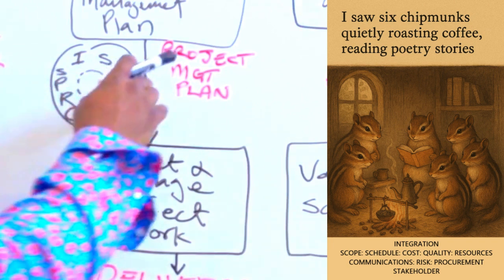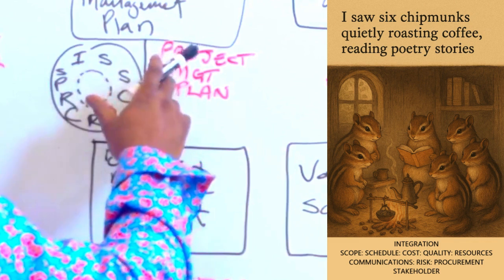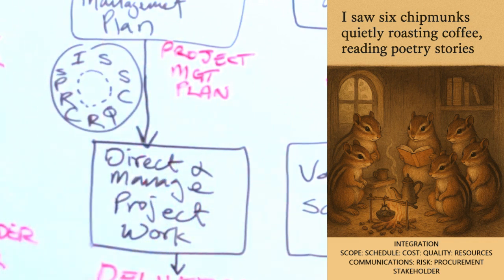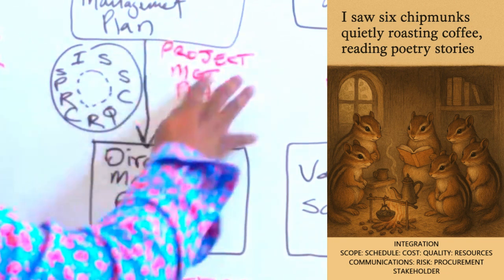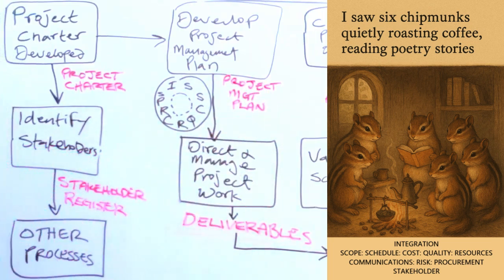These all have components of the project management plan. In integration, we have a change management plan and a configuration management plan that make their way into this project management plan.